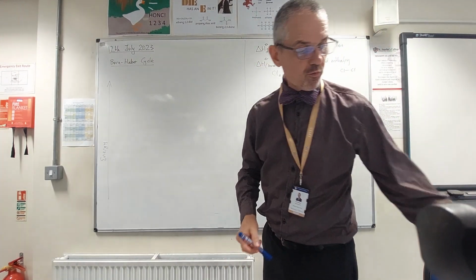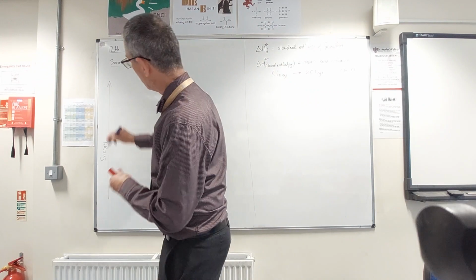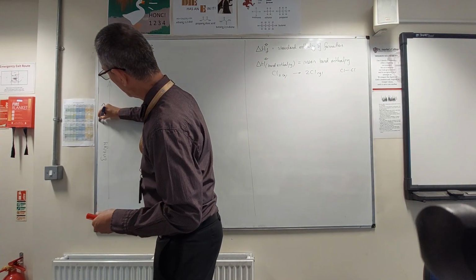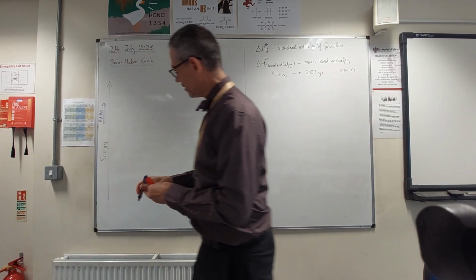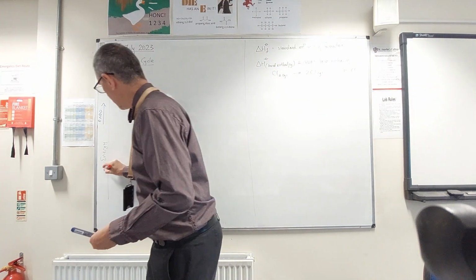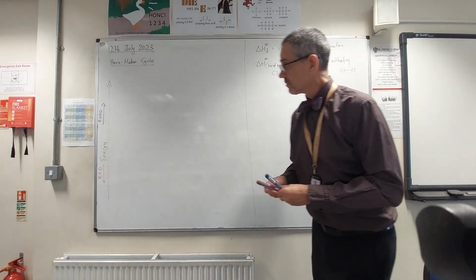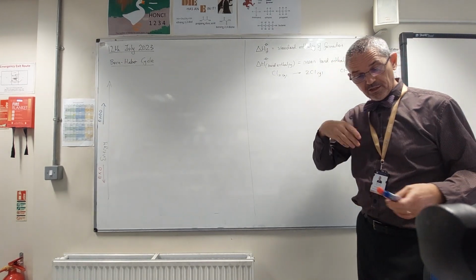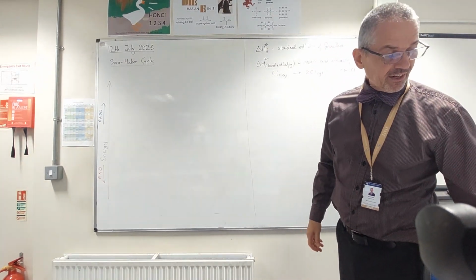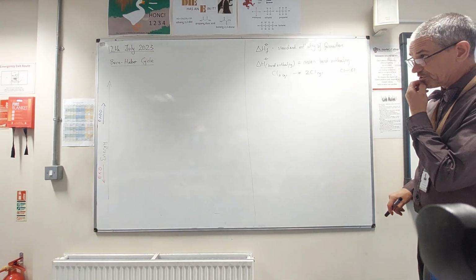Let me just write that on. If I'm going upwards, that's an endothermic reaction. If I'm going downwards, that'll be an exothermic direction. Exo, losing energy to the surroundings; endo, gaining energy from the surroundings.